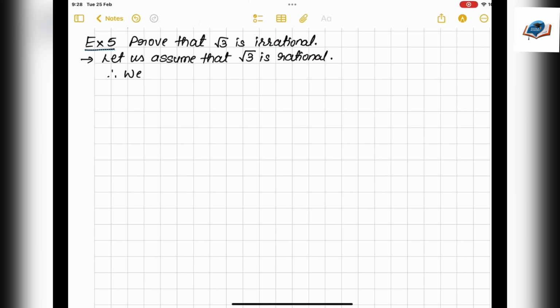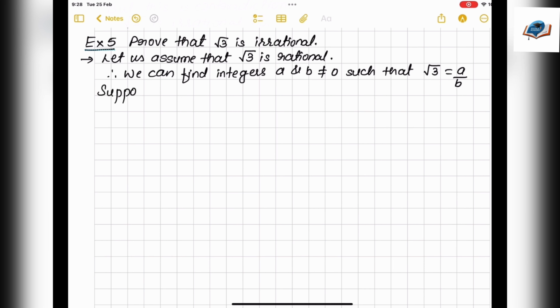Therefore, we can find integers a and b, not equal to 0, such that root 3 will be equal to a upon b.